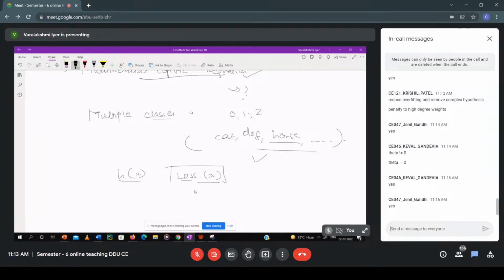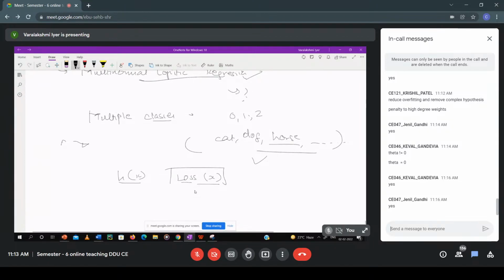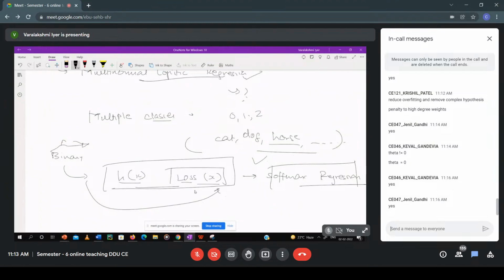You can also say that binary logistic regression is a subset of this. Multinomial logistic regression is also known as softmax regression. So you will get a generalized formula for softmax regression.